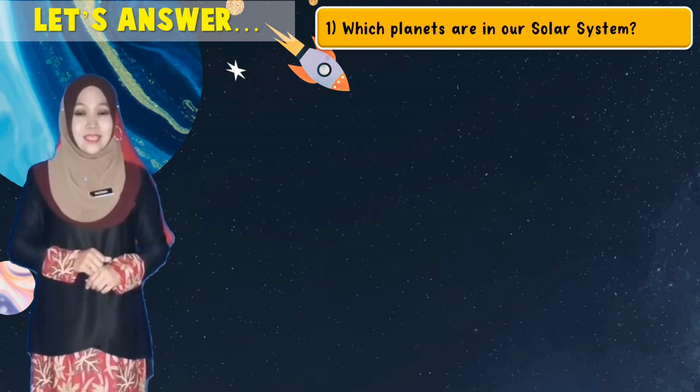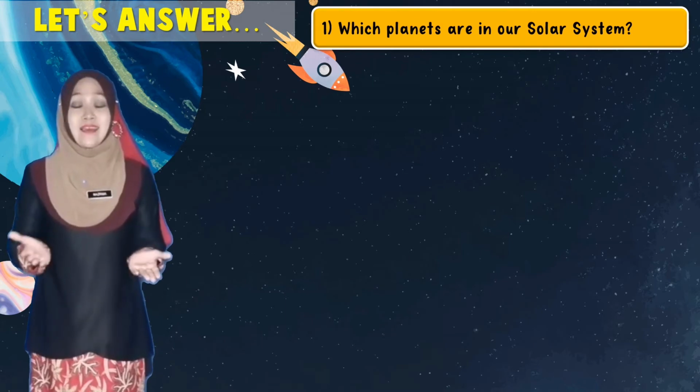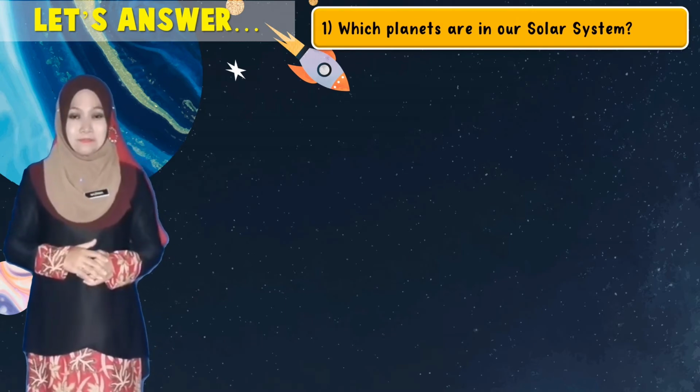You have just listened to the text. Now is the time for you to answer 4 comprehension questions. Are you all ready? Let us try to answer the questions together. Question number 1. Which planets are in our solar system?